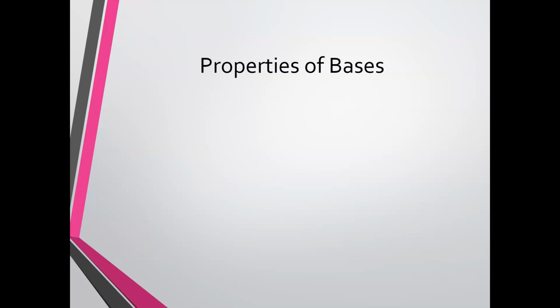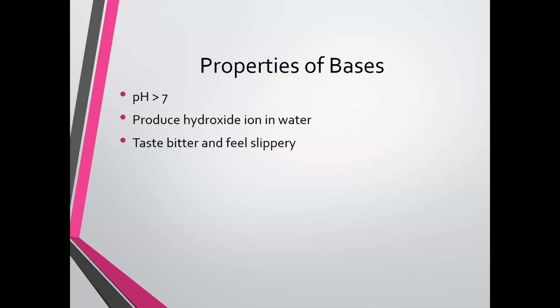So what about our bases? What are their properties? They will have a pH of greater than 7, so 8, 9, 10, 11, 12, 13, 14 being our top. They produce a hydroxide ion in water. They are going to taste bitter and feel slippery. The most common example of a base that you are familiar with is soap.